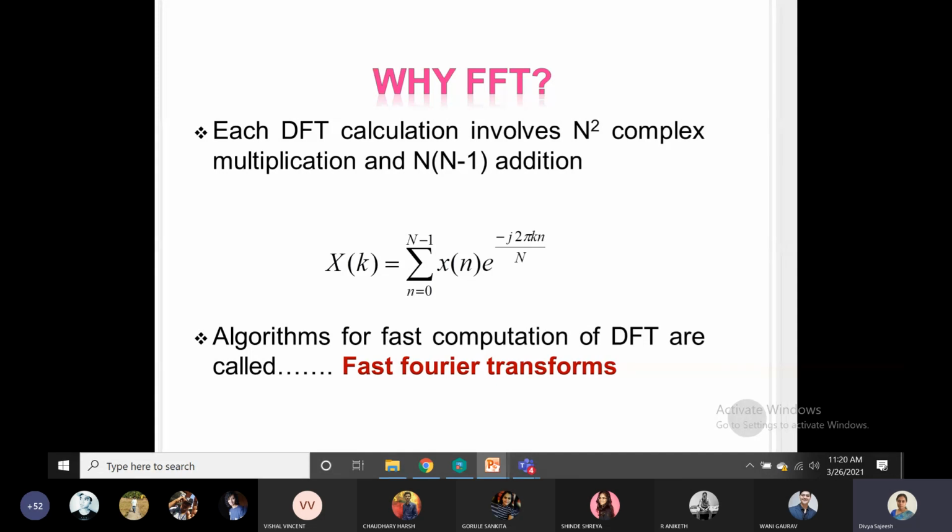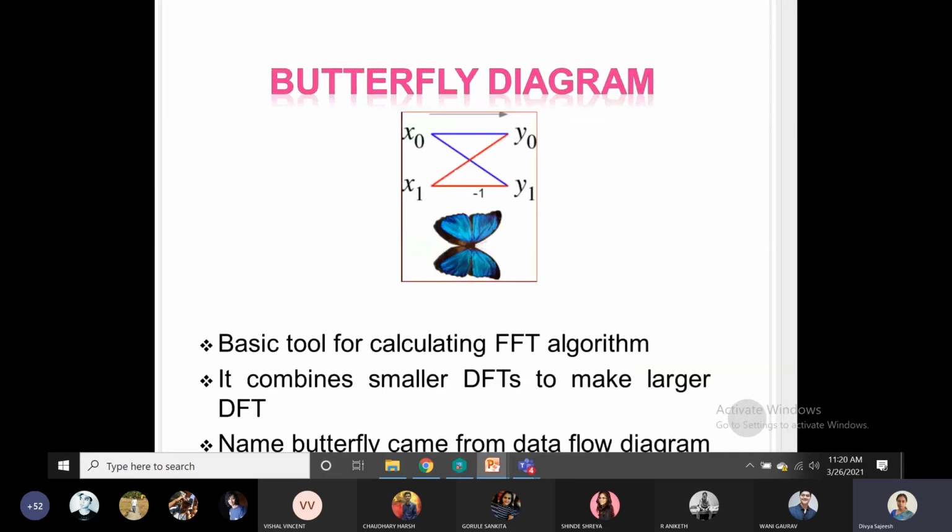How does it become faster? Because the normal calculation involves N square complex multiplications and N into N minus 1 additions. The reduction you can observe after doing the calculation using this algorithm. The basic building block in this is the butterfly diagram.